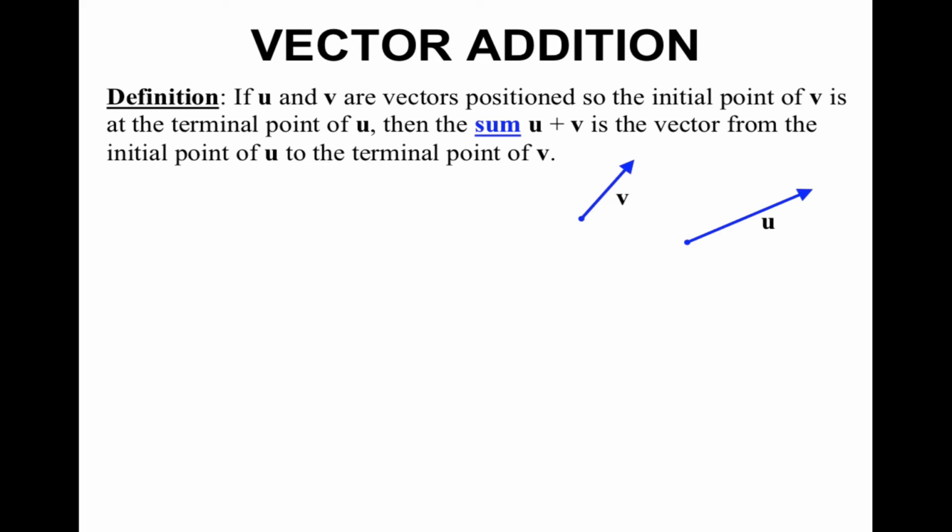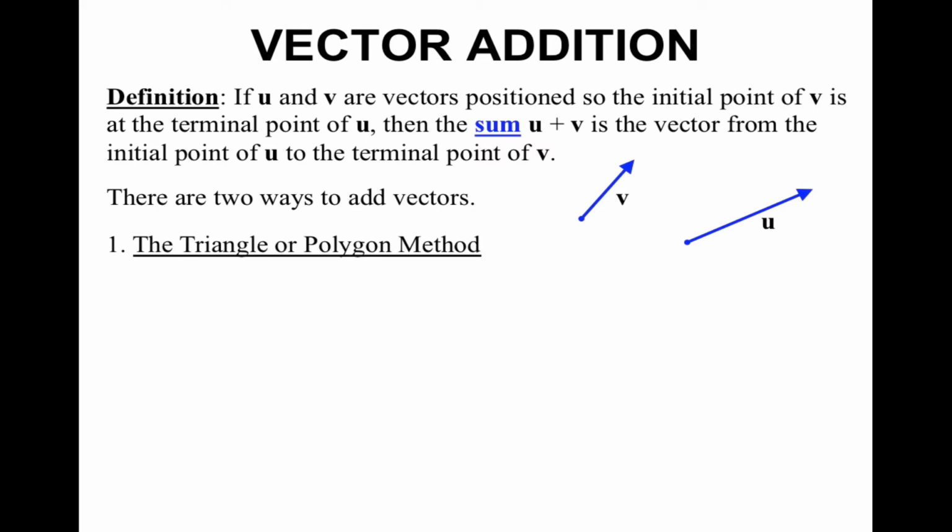So let's look at vector addition. If vectors u and v are positioned so the initial point of v is at the terminal point of u, then the sum u plus v is the vector from the initial point of u to the terminal point of v. There are 2 ways that we can add vectors. The first one is the triangle or polygon method.